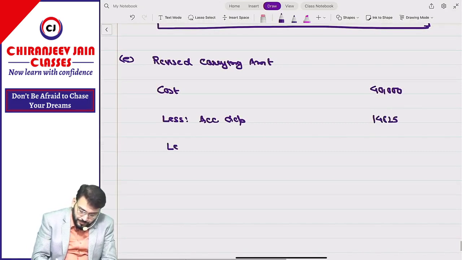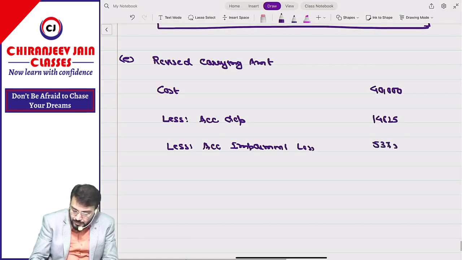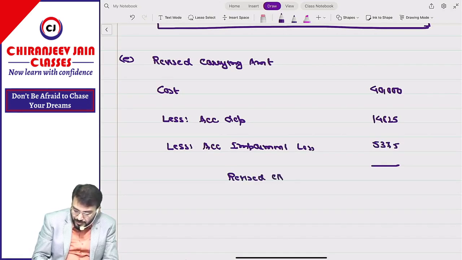And less accumulated impairment loss, 5,375. It will be equal to the recoverable amount, but write down revised carrying amount, 20,000.